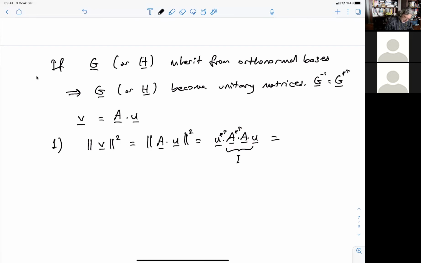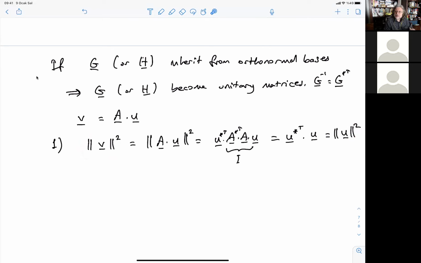It simply becomes U conjugate transpose times U, which is automatically the square norm of U by definition. So what did we obtain? We obtained that this square norm of V and the square norm of U are the same if you have the orthonormal transformation, which makes a unitary matrix.